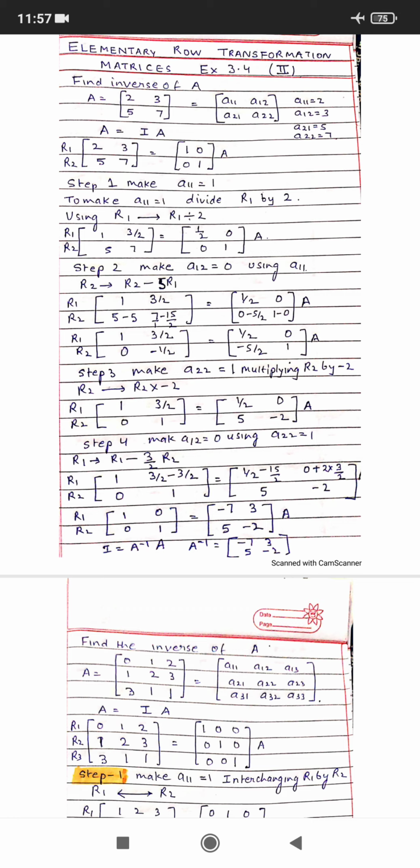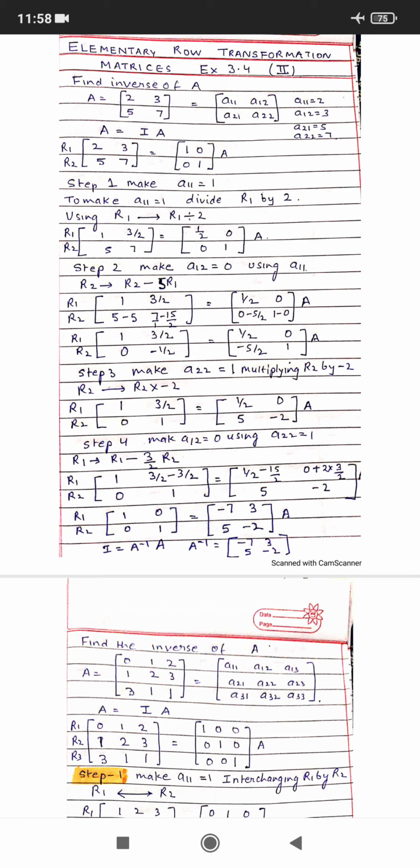If A is [2, 3; 5, 7], A11 is 2, A12 is 3, A21 is 5, A22 is 7. A is equal to IA. We write it as [2, 3; 5, 7] is equal to [1, 0; 0, 1] A. Step 1. First we make A11 equal to 1.